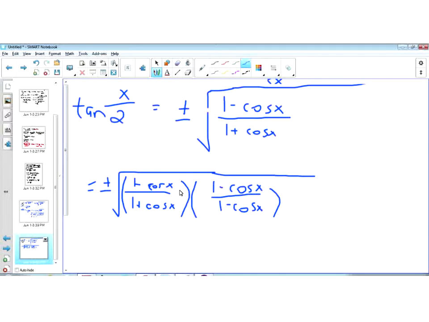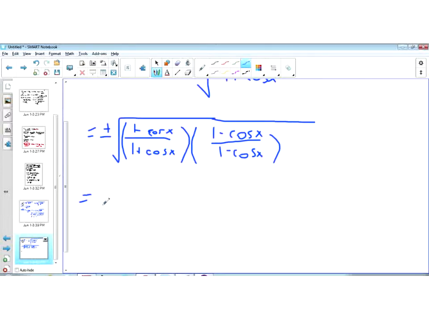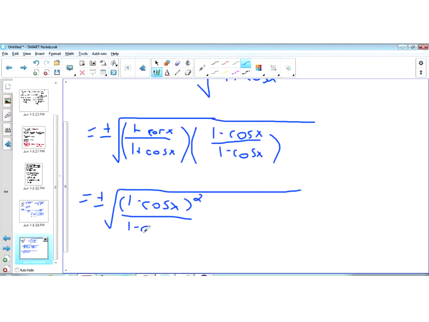So that's the rationalization, and then that would equal plus or minus the square root of 1 minus cosine x quantity squared divided by 1 minus cosine squared x.